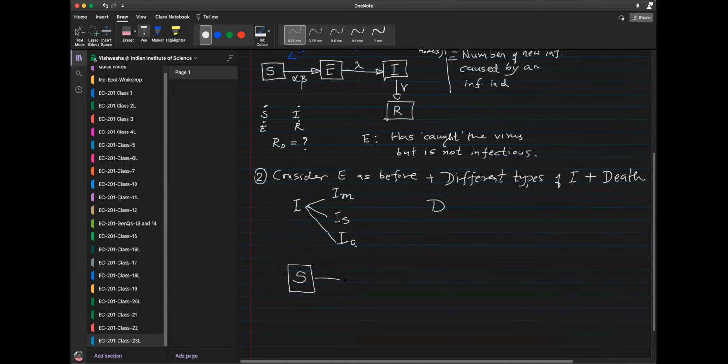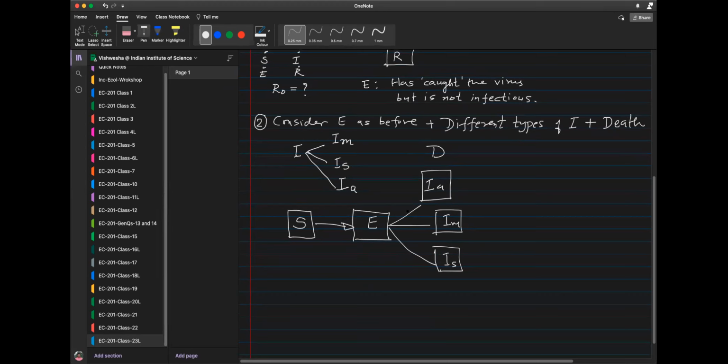You have S becomes E. E can become one of the three: asymptomatic, mildly symptomatic, and then severe. Is that fine?